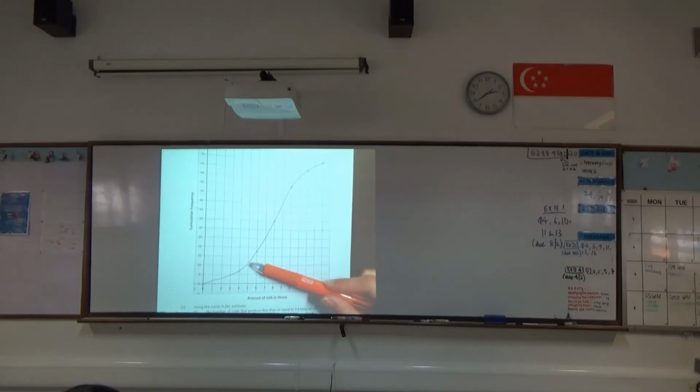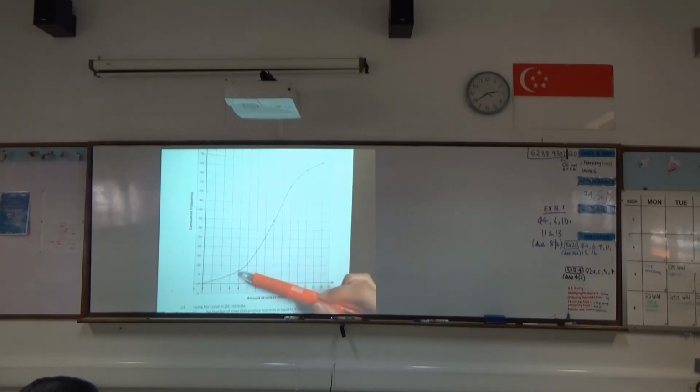It doesn't mean that there are exactly 11 cows that produce 5 liters or less. It is purely an estimate because these numbers were derived from your plotting from here and here. So all the values that you're reading from a cumulative frequency curve are purely an estimate only.